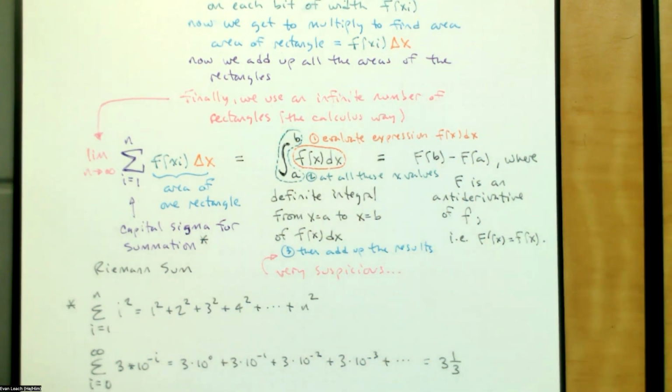Capital F is an antiderivative of f. This is one of the things that we can do to calculate this area that we want. This last piece, from definite integral to antiderivative, evaluated at the endpoints of the interval, is the fundamental theorem of calculus.